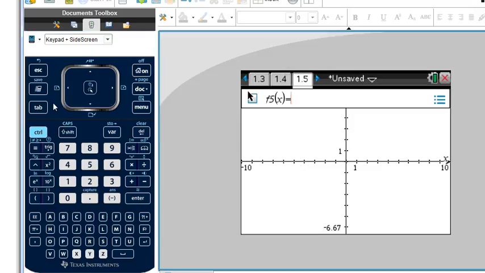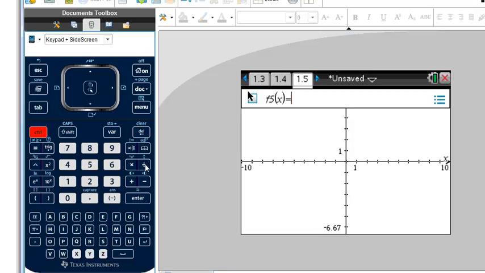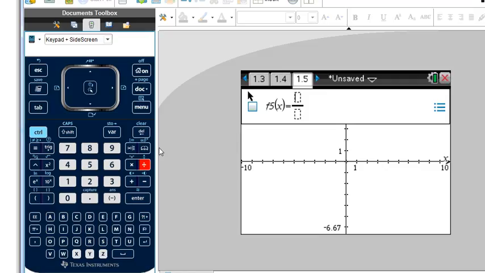Here we have 1 over x plus 5 over x minus 3.